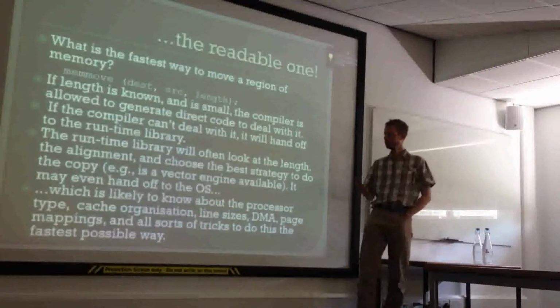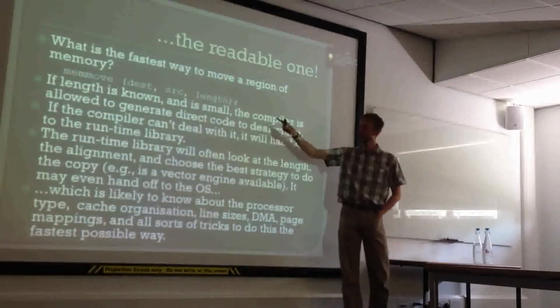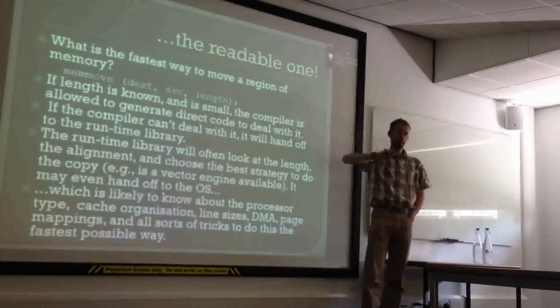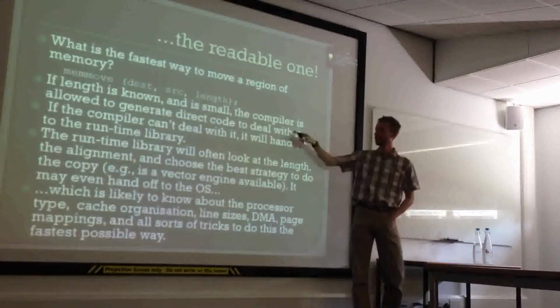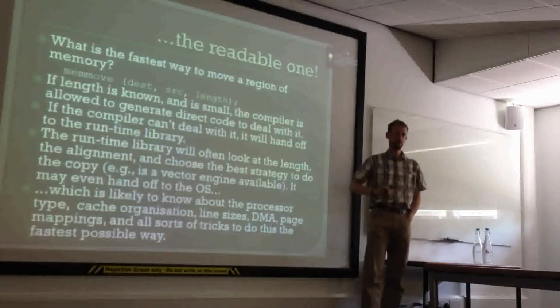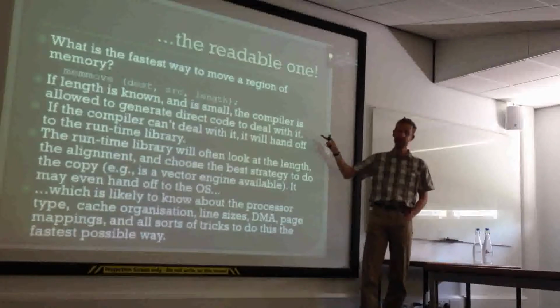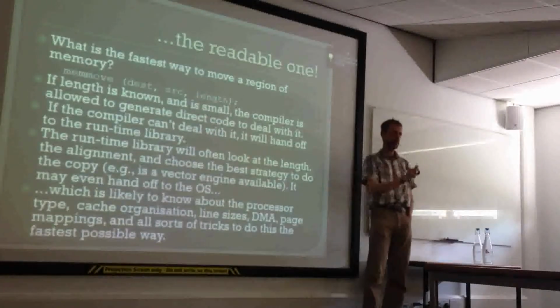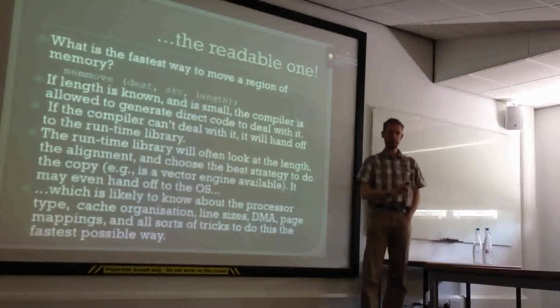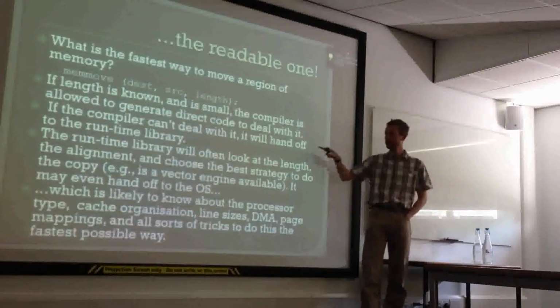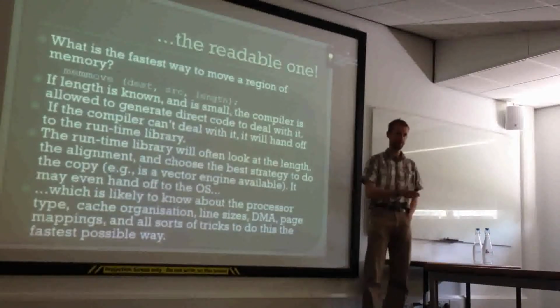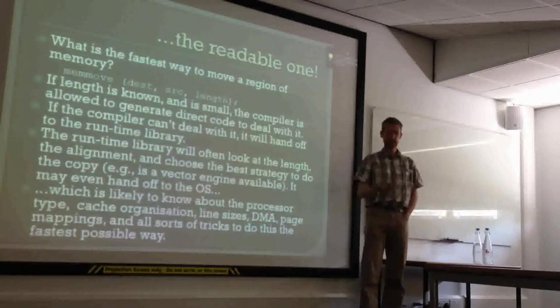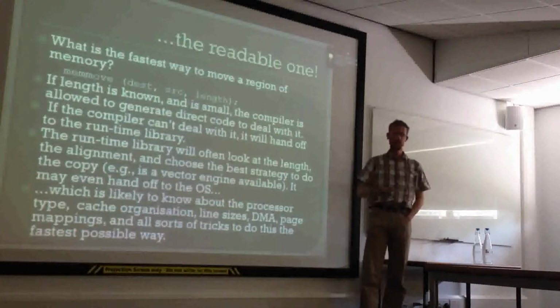The reason is, if you've included stdlib, the compiler is allowed to generate code to do that directly. If a compiler can't do that, because it doesn't know the bounds or whatever, it will call into a runtime library. The runtime library would have been heavily optimized to make it really fast. The runtime library will know about the presence of vector units, it will know about the cache sizes, and it will choose the right way of blocking that memory.